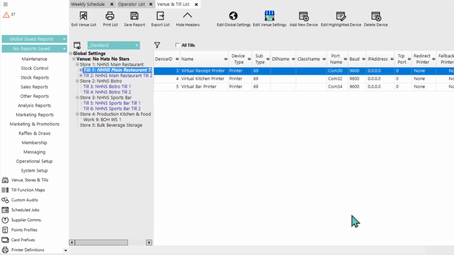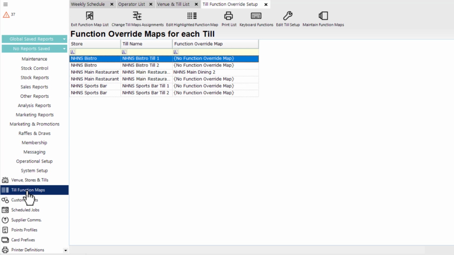And speaking of redeeming points at a till, there are a handful of till functions, as I mentioned earlier, that we can use to actually be able to redeem points at the till, which I mentioned when we were looking at the example of redeeming points in SmartPOS. I should preface this that as with other till functions and till function panels, your system's function maps will most likely be different than what I've got here.